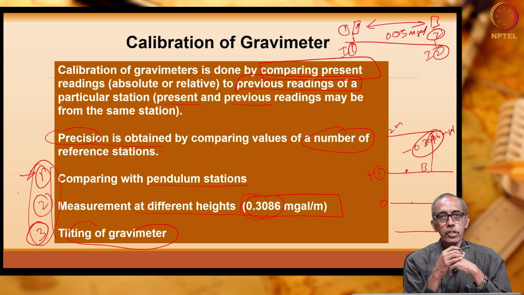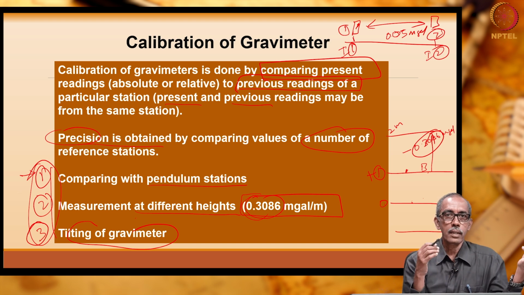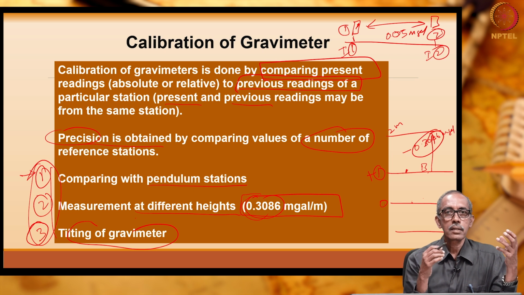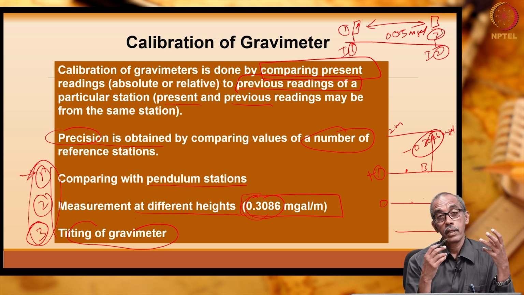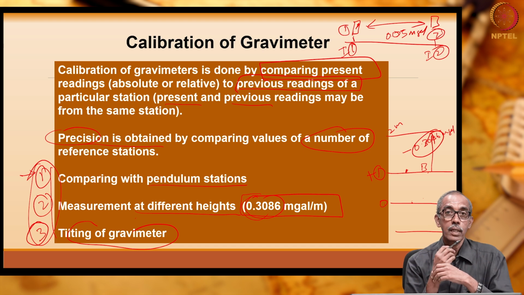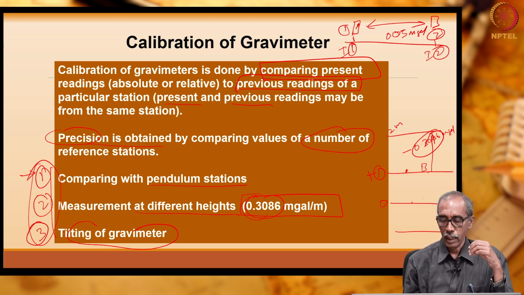Then we are very sure we are not going to waste our time, right? After completing the survey, if the readings are not proper, then we waste the entire day's work, isn't it? So, better to calibrate the previous day and also double check just before the commencement of the work.